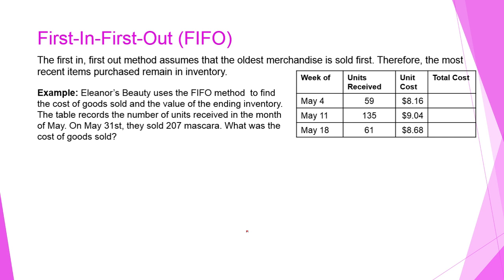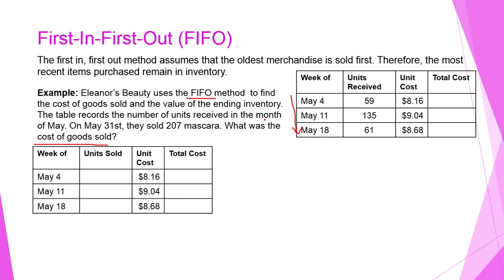So basically, what was the value of all the mascaras we sold? All 207 of them. Because we're using the FIFO method, first in, first out, and we're looking for the cost of goods sold, you want to start from the oldest to the newest. So from top to bottom in this table.